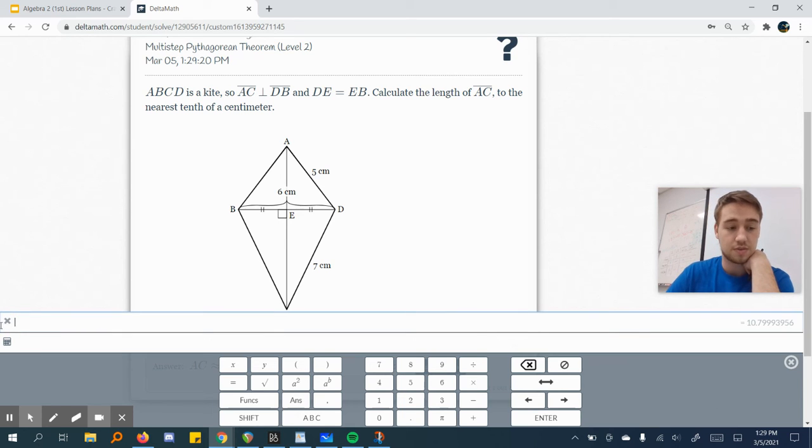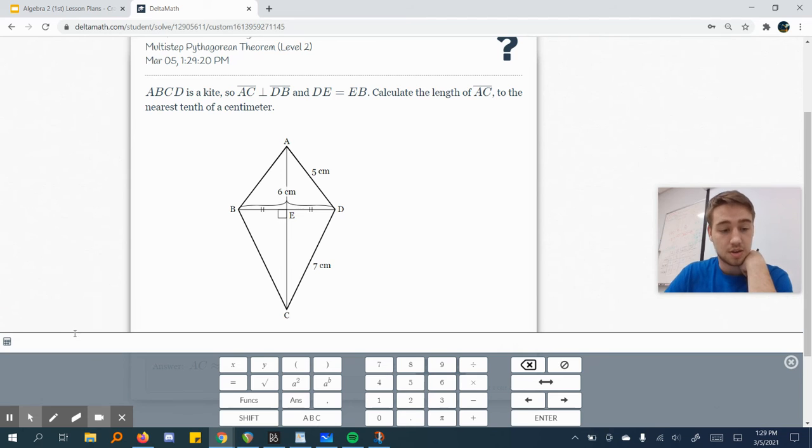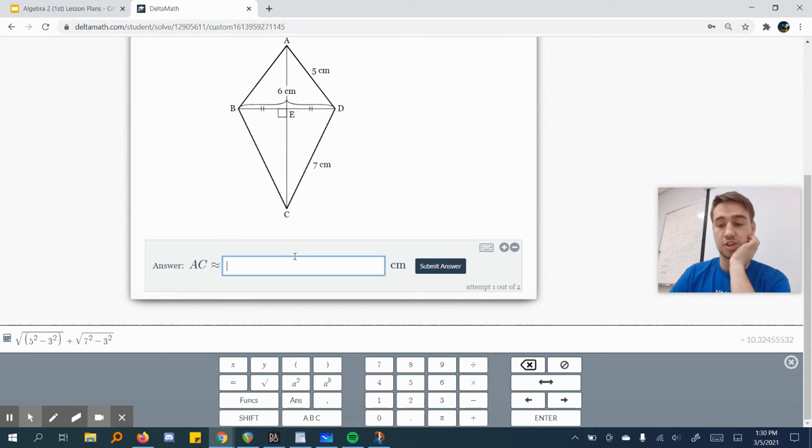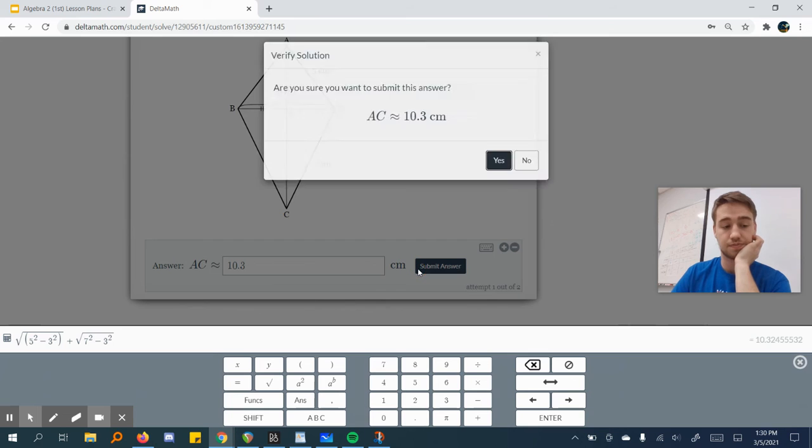So if we skip the nonsense, we end up with radical 5 squared minus half of 6, so 3 squared, plus radical 7 squared minus 3 squared. And that alone will get you 10.3, and that's all you need.